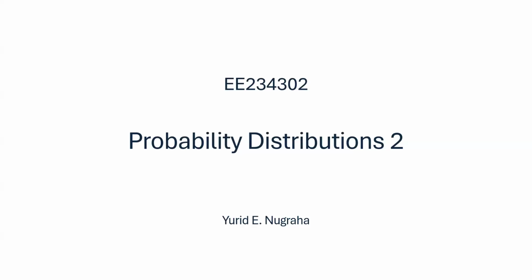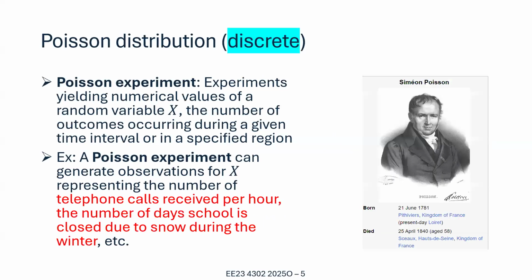Of course, there are so many of those that we cannot look at the details one by one, but we will try to see some of the distributions that are used quite often.